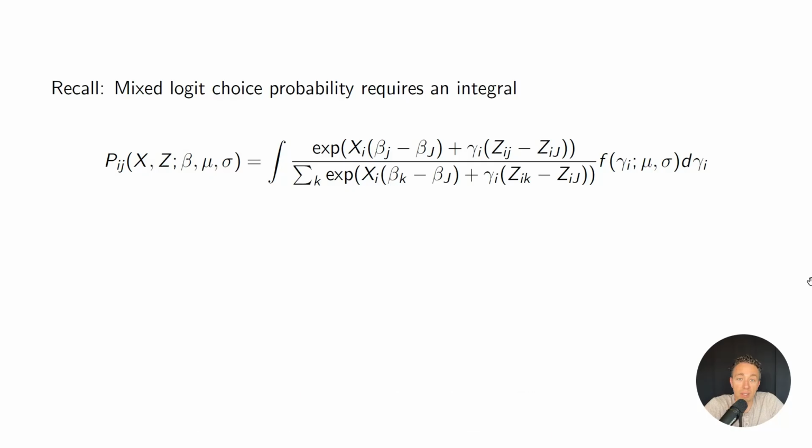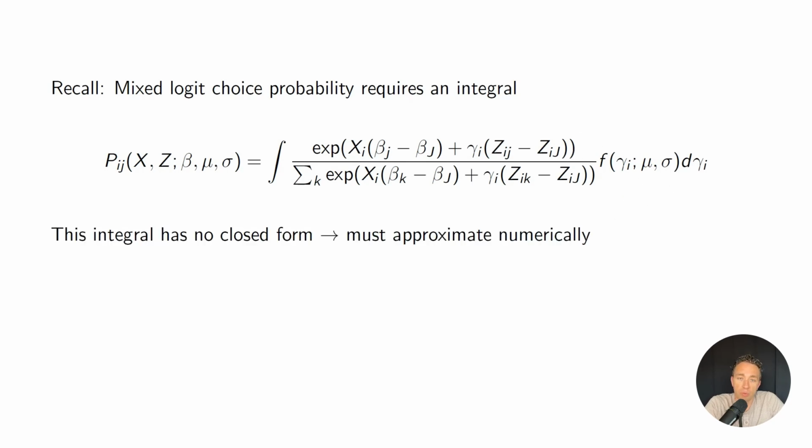Let's revisit the mixed logit probability formula from a past mini-series. So here we've got our familiar logit probability function, and the main issue is that we have this individual-specific gamma parameter that we don't know the value of for every decision maker in our data. And so we need to integrate it out according to its density.